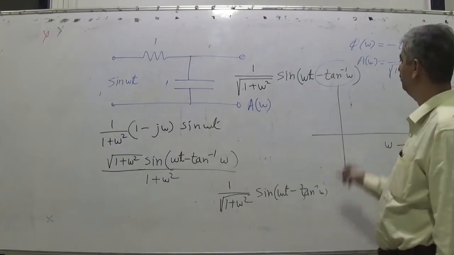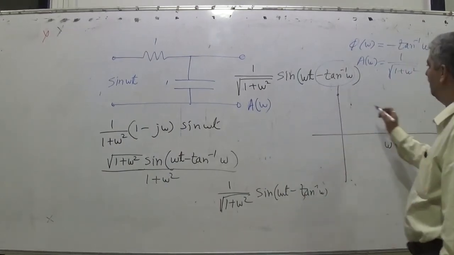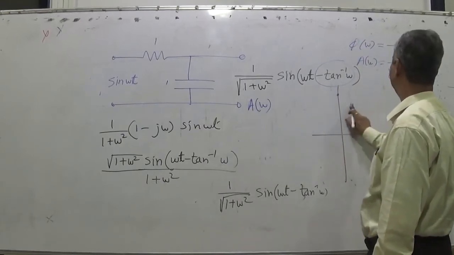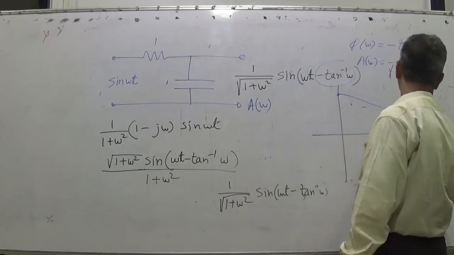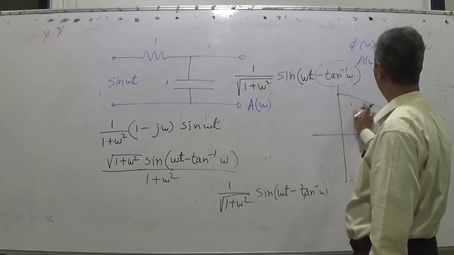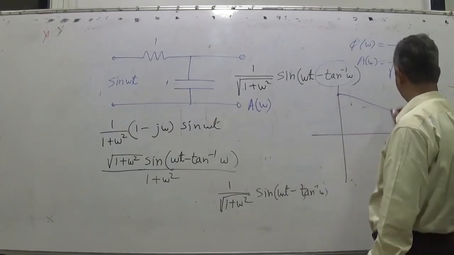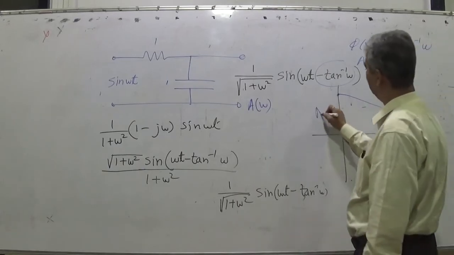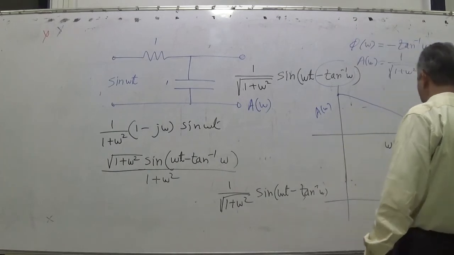At omega equal to 0, this is 1. At omega equal to infinity, it is 0. At omega equal to 1, it is 1 by root 2, the half power point, and it reduces slowly. As it is a low pass filter, we would want a sharp cutoff, but we don't get it. This is A of omega versus omega.